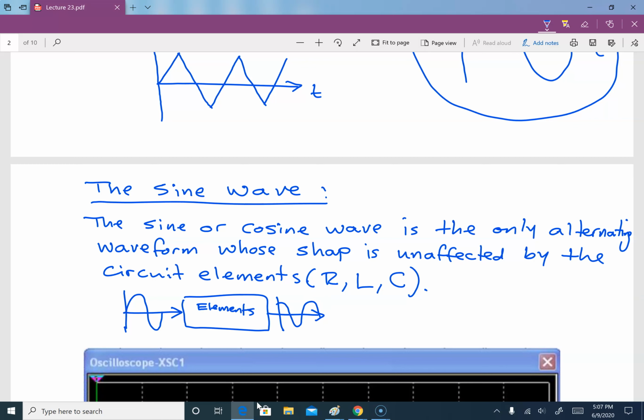So the shape will not be changed. If you get a sine, you may get output as a sine or a cosine, and the same if you get a cosine. But in both cases you will have a sinusoidal waveform.